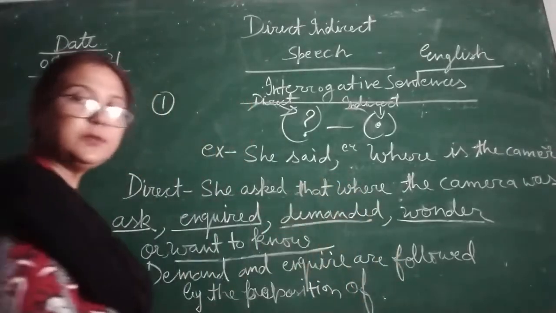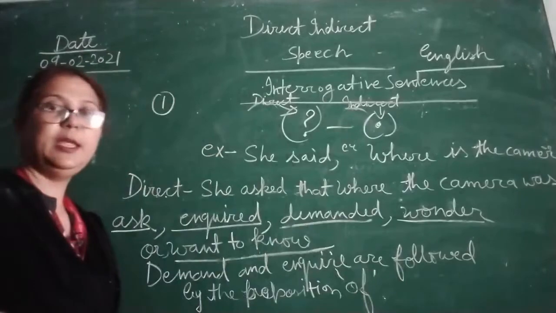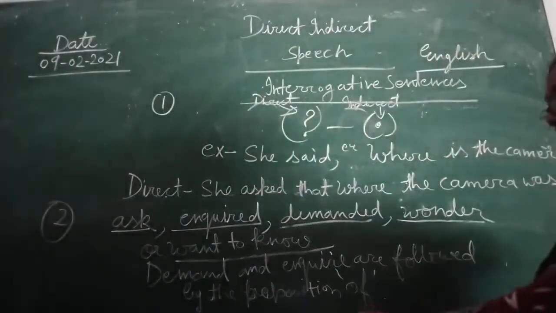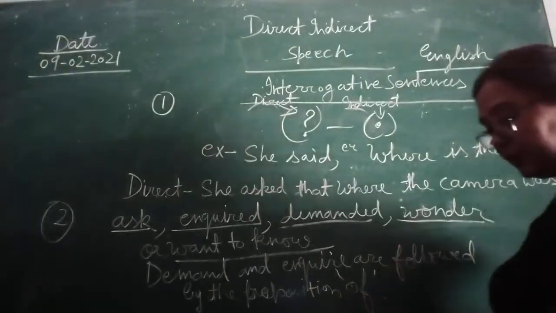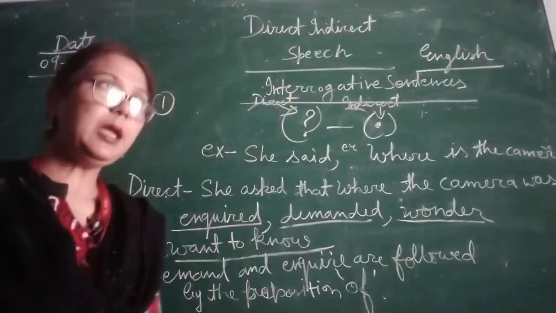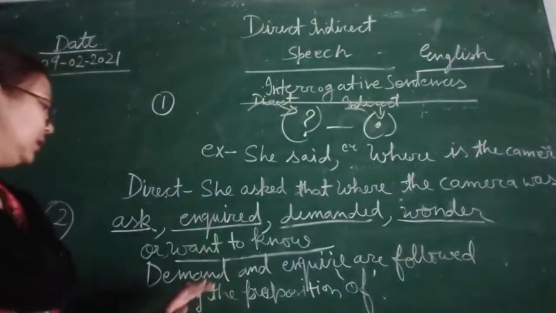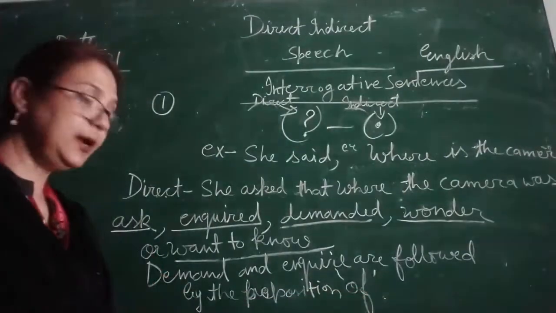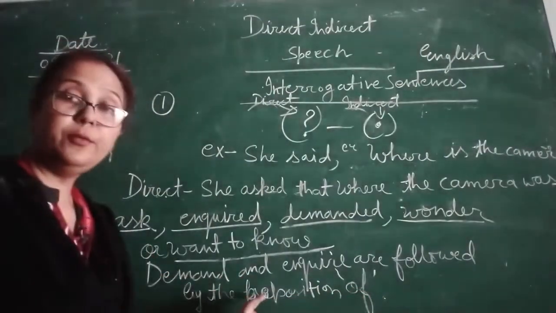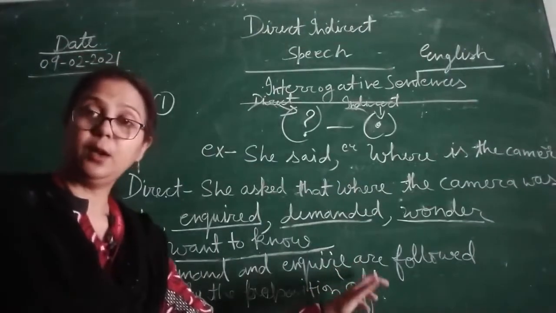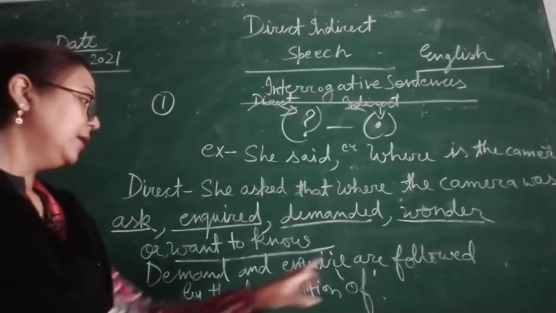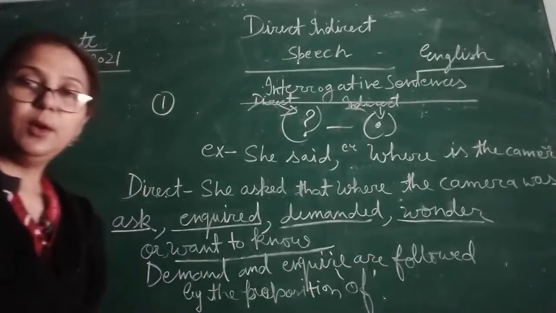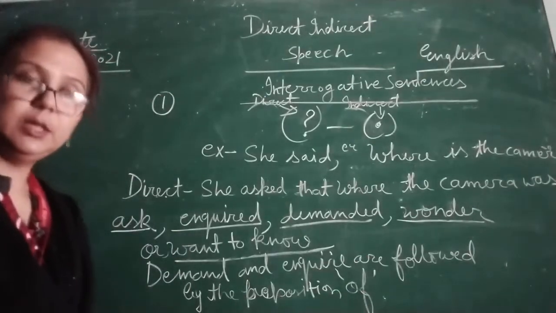This is very important. Whenever you are writing inquired or demand, we will use the preposition of. So children, always remember, whenever you are using demand, demanded or inquire, you will use demanded of or inquired of. So they are followed by the preposition of.